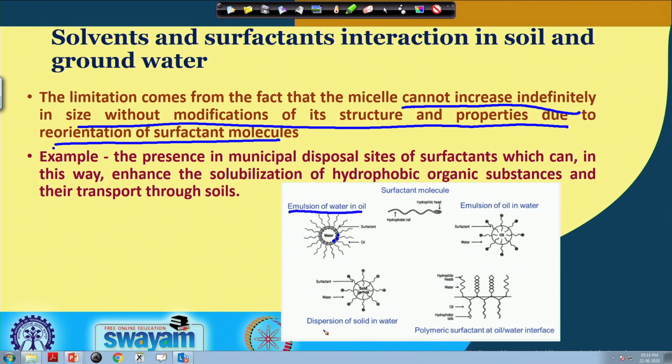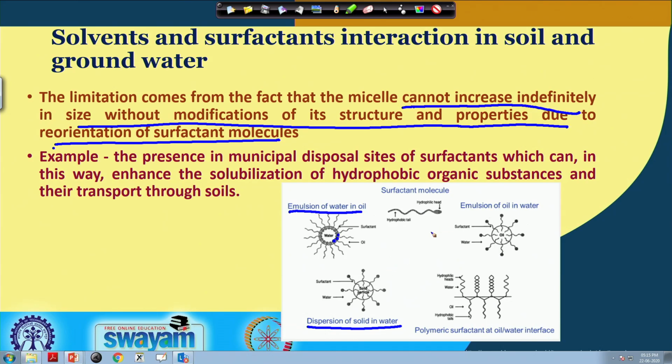When we consider dispersion of solid in water, the solid particles are covered by the hydrophobic tails of the surfactant molecules, and the hydrophilic part extends towards the aqueous phase, ultimately forming a dispersion of solid in water.